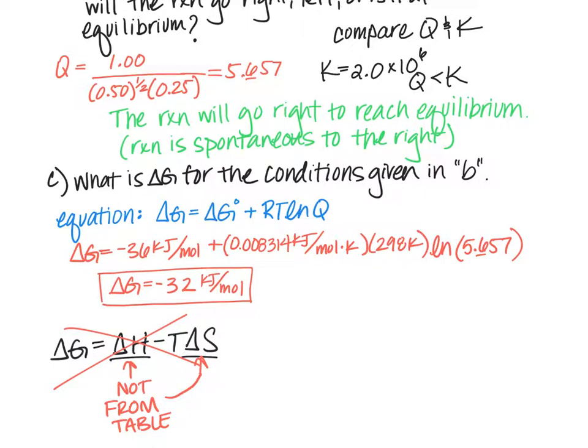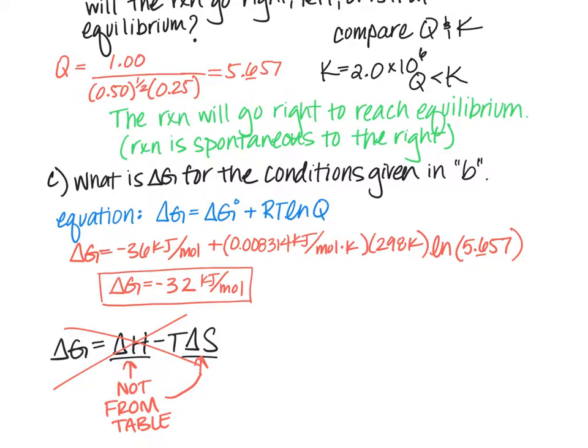Let's see, do you have another? These are your top 2 options for computing delta G. So that narrows it down to delta G equals delta G naught plus RT ln Q. All right, so in part A, you solved for delta G naught. Remember?